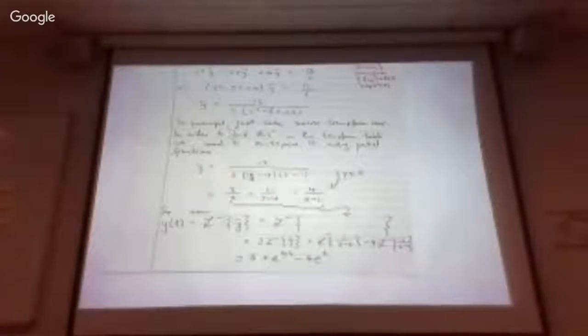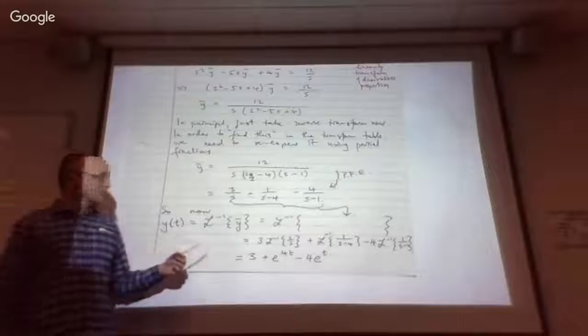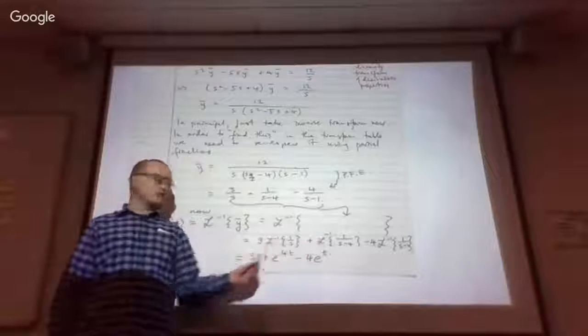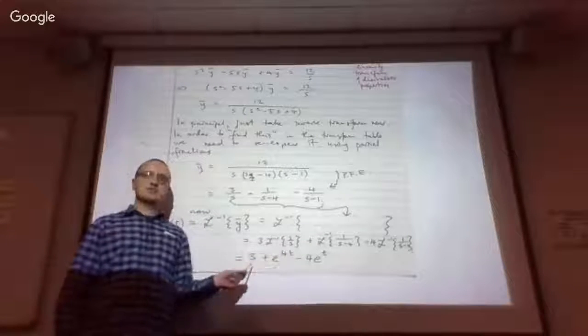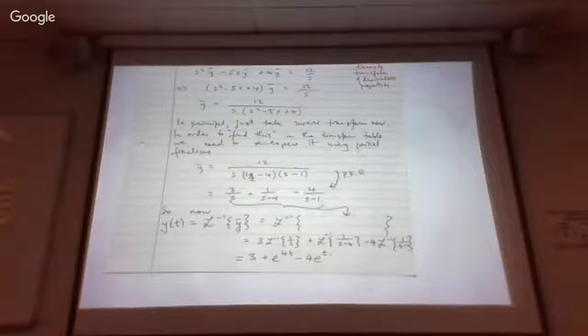And once we found the coefficients there, it enables us to express the solution, y of t, to the original problem as this combination of inverse transforms. You read off the table, so it's this constant and these 2 exponential functions. So that's the solution to the original differential equation.